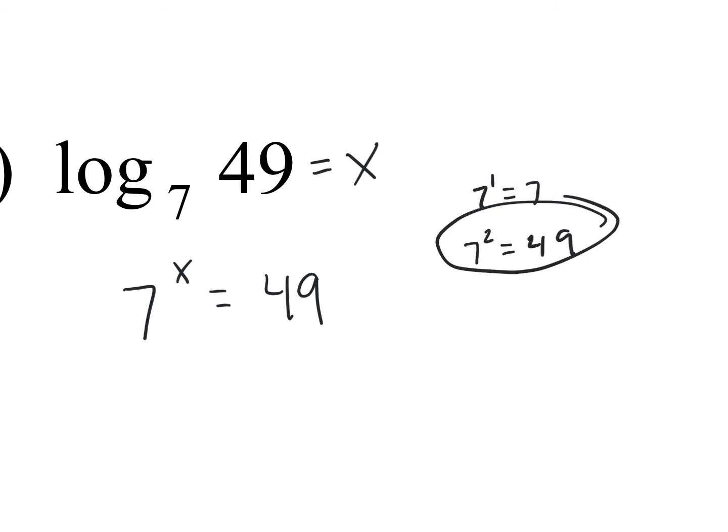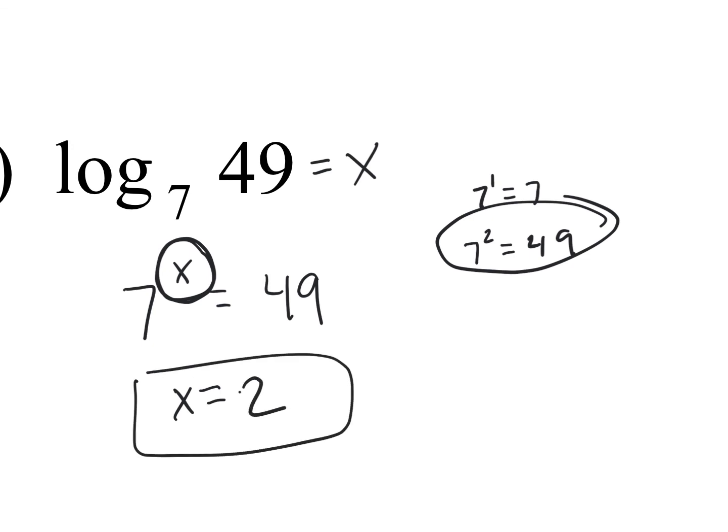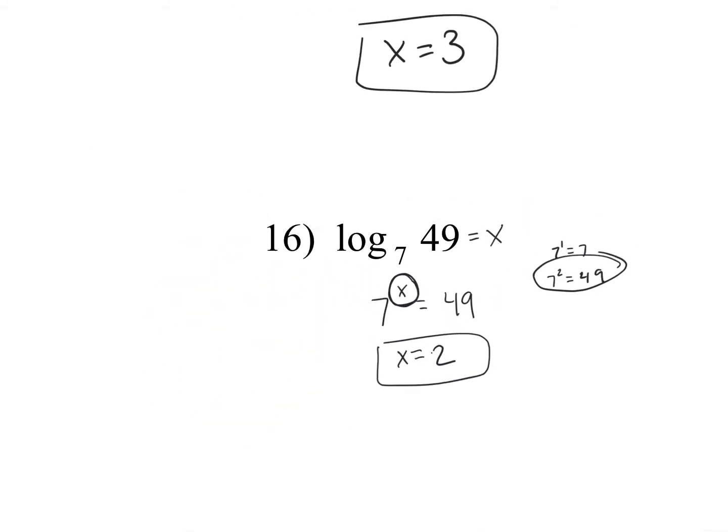So what's x equal to? If 7 to the second power is 49, what would our exponent here have to be? 2. So x is equal to 2. Any questions from this section?